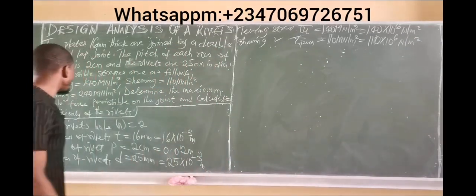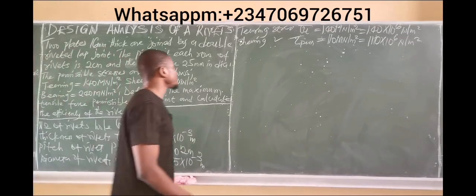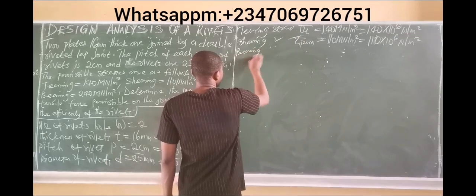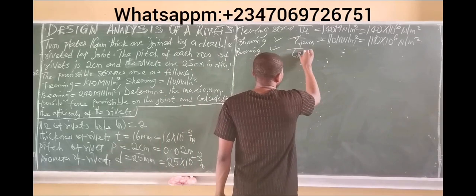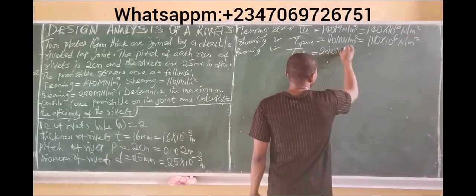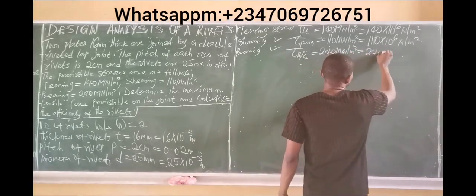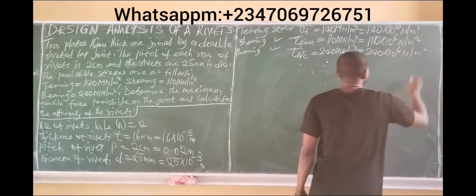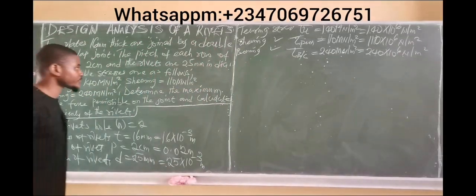And finally, we were given the bearing stress of 240 meganewtons per meter squared. Bearing can also be called crushing stress, and that's simply 240 by 10 to the power of 6 newtons per meter squared. So these are the given parameters in the question.